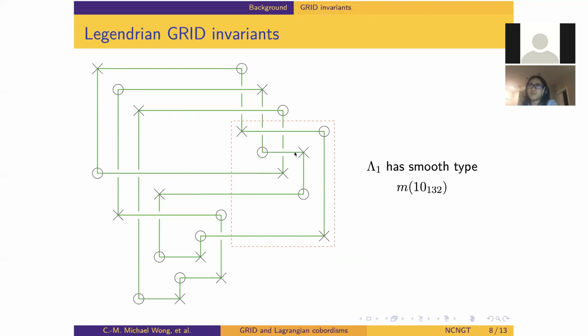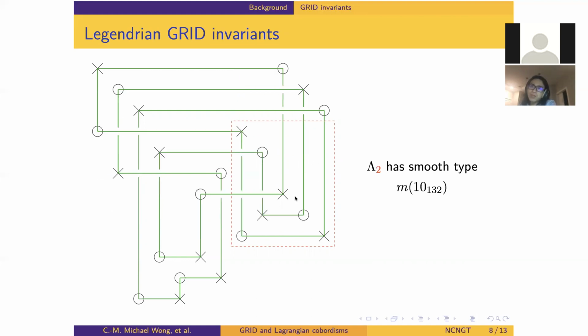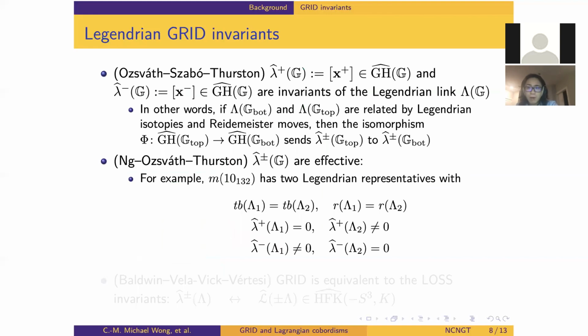We've just moved some crossings from the right-hand side here. Again, I'm tilting my head to the left-hand side here. This is akin to the Chekanov-Eliashberg twist knot trick, moving crossings around, and that doesn't change the smooth type, but it changes the Legendrian type. And you can tell them apart by using either lambda plus here or lambda minus here.